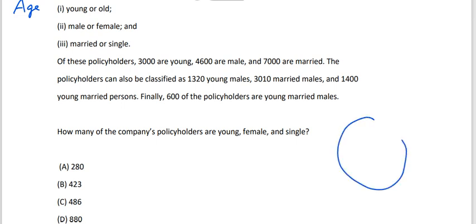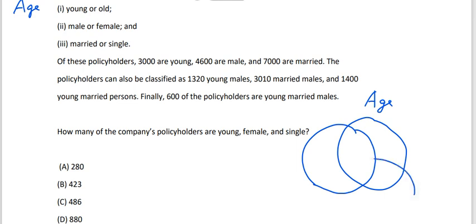Suppose this is age, young or old, and here is male or female, gender, and here marriage. So we just put those numbers in here.